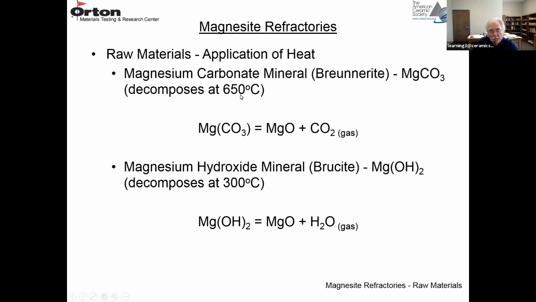So that decomposes to MgO at 650 degrees C. Magnesium hydroxide mineral, brucite, Mg(OH)2, decomposes at a lower temperature, about 300 degrees C. So the brucite yields MgO plus H2O gas. So those are 2 minerals that produce MgO and how they decompose.